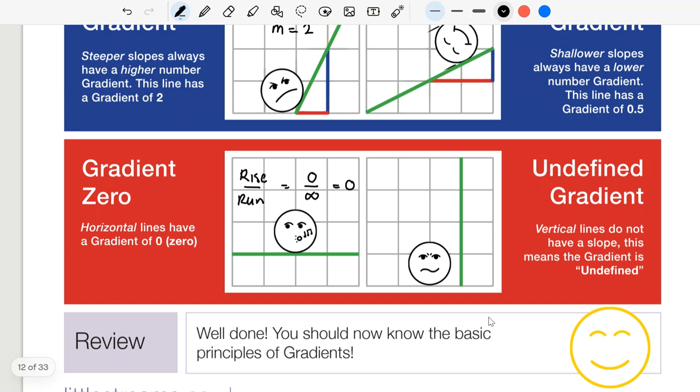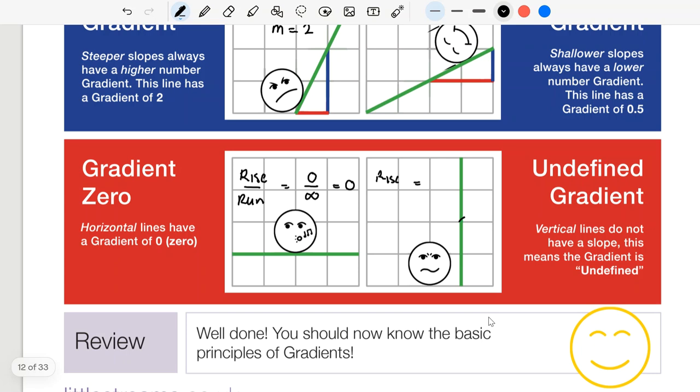Now, it's a bit different if the line is vertical. If it's vertical, the gradient is actually undefined. Okay, why is that? Because what's the rise? There's no rise.